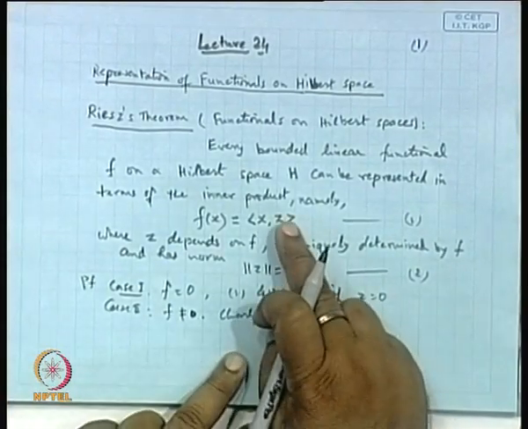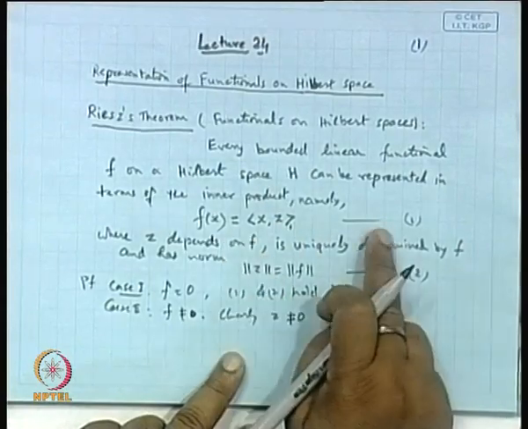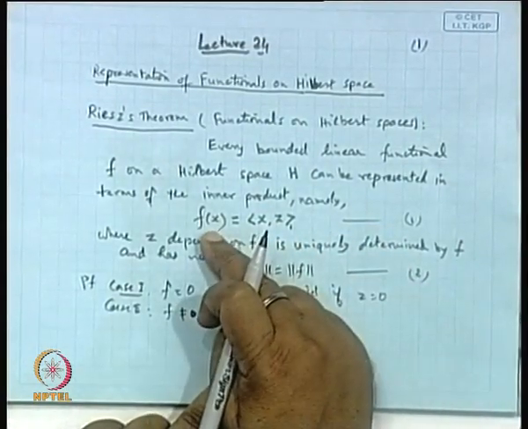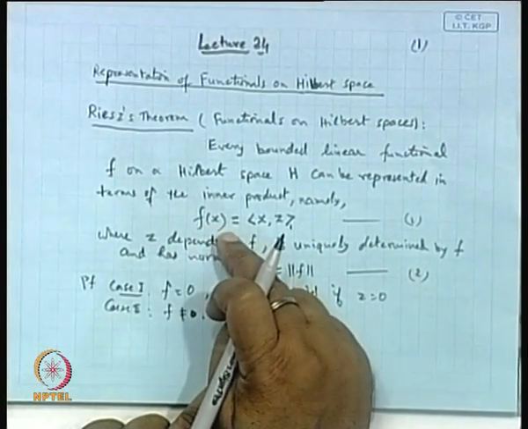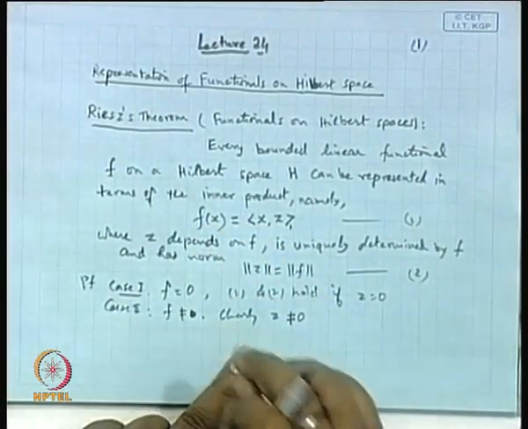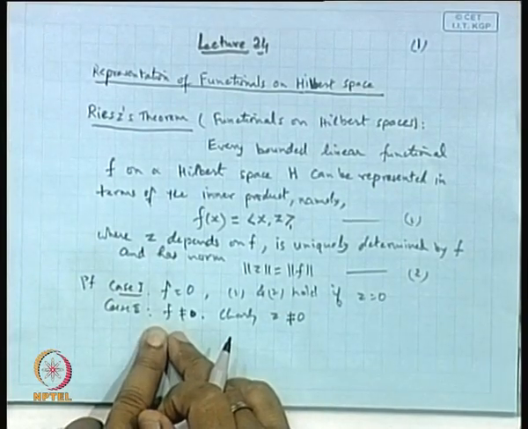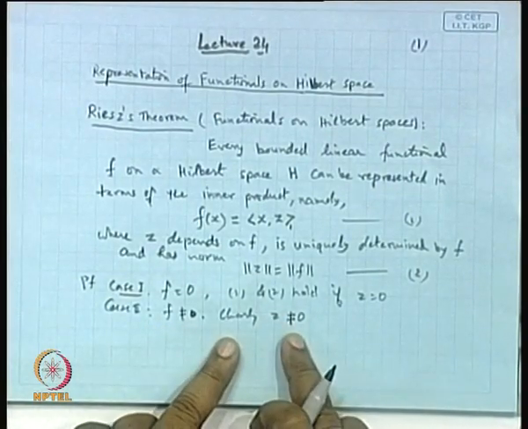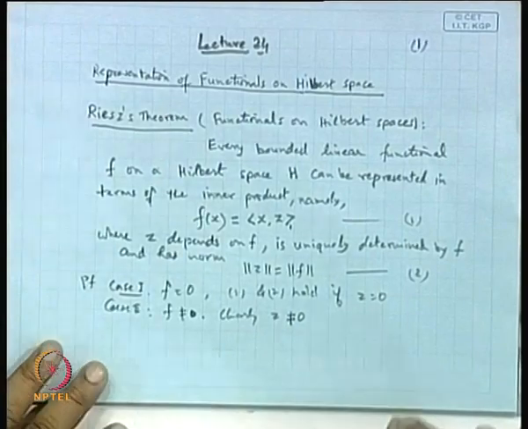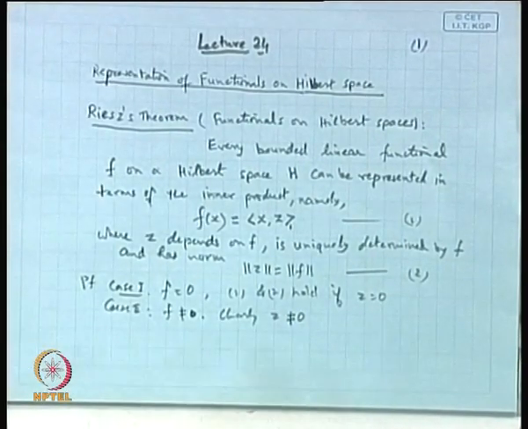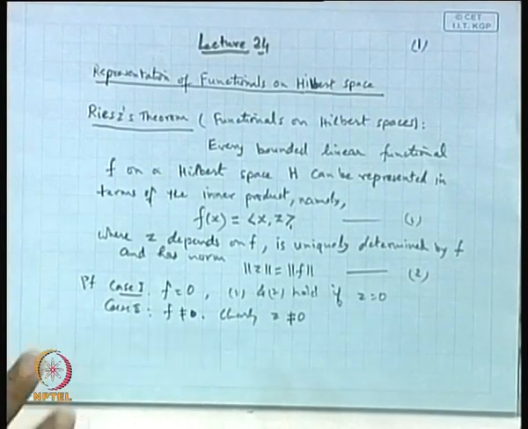Because if z is 0, then the inner product will be 0 for any x, so f(x) would be 0 for every x. That is only possible when f is 0, which contradicts our assumption that f is non-zero. Therefore, z will always be non-zero.